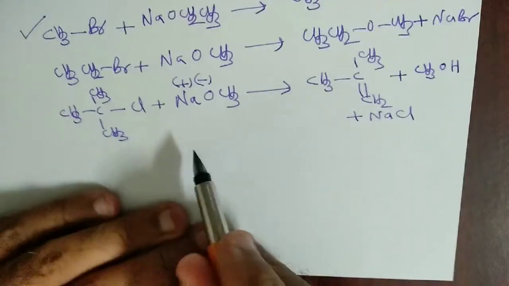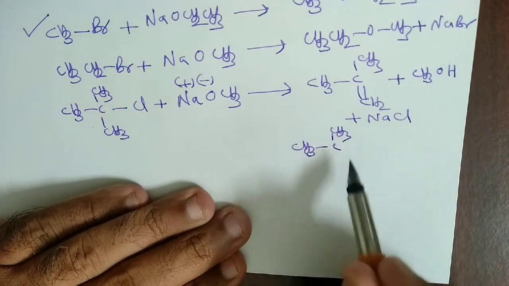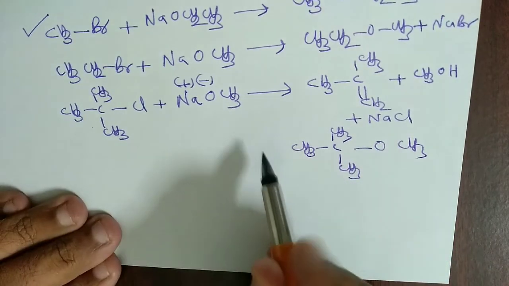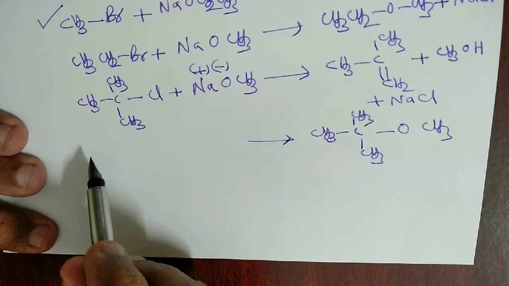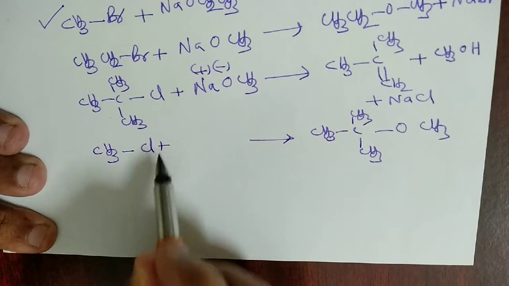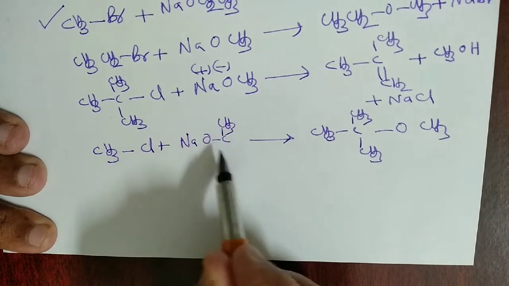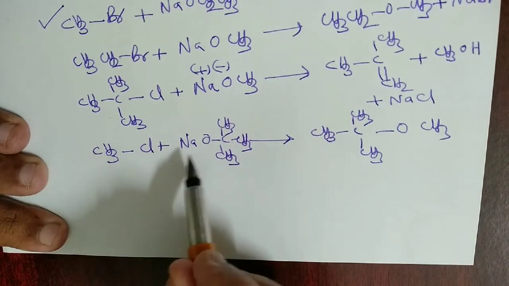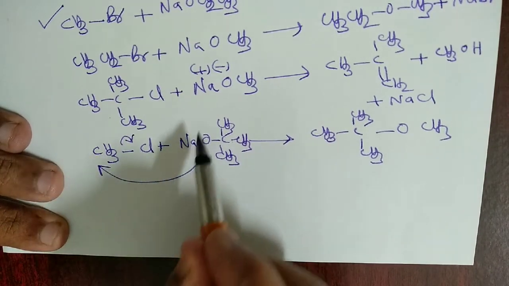In order to prepare tertiary butyl methyl ether by Williamson synthesis, the correct choice of reagents is methyl halide and sodium tertiary butoxide. In the case of methyl halide, only the SN2 mechanism takes place.